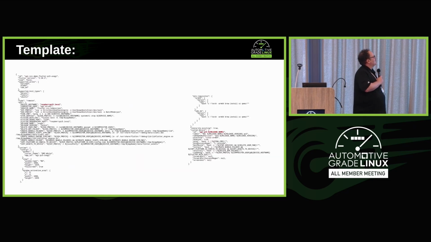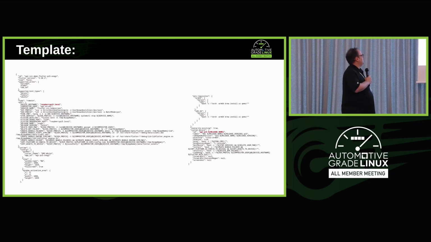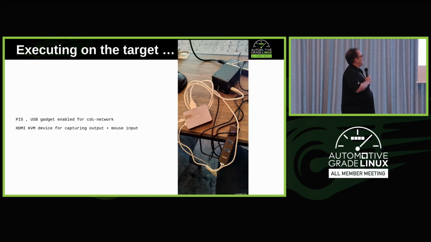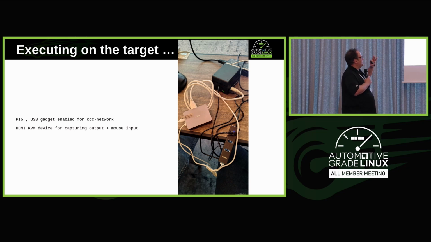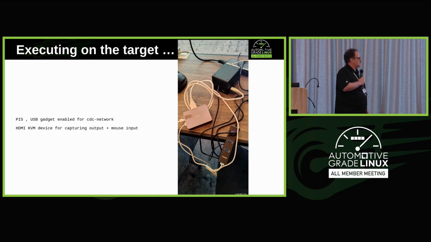So the template has all the nitty-gritty details, and essentially you could in principle get away with a Pi, configure it to use the USB gadget network, and then, well, I added an HDMI KVM device to see the screen output.